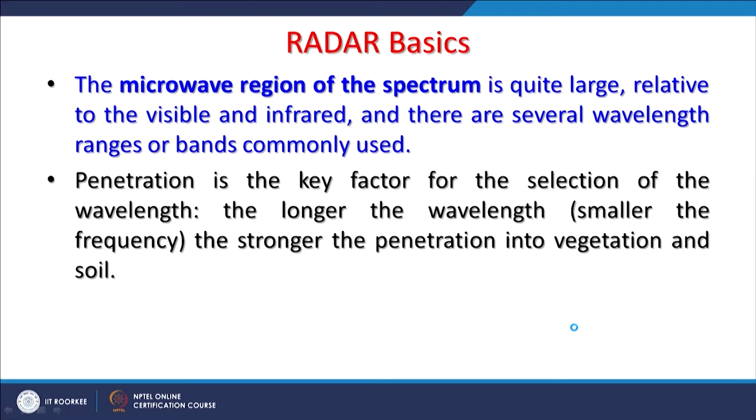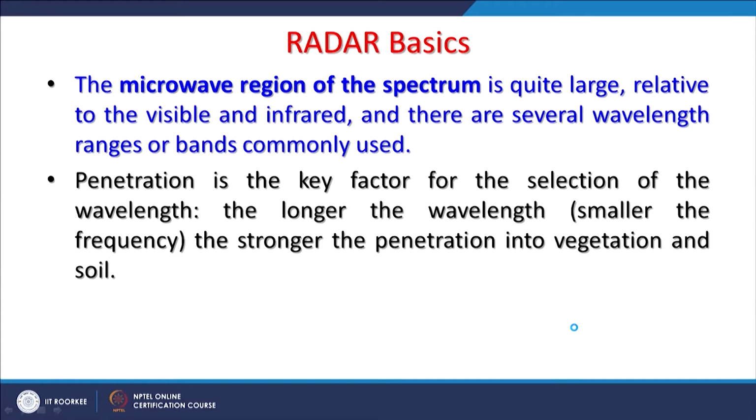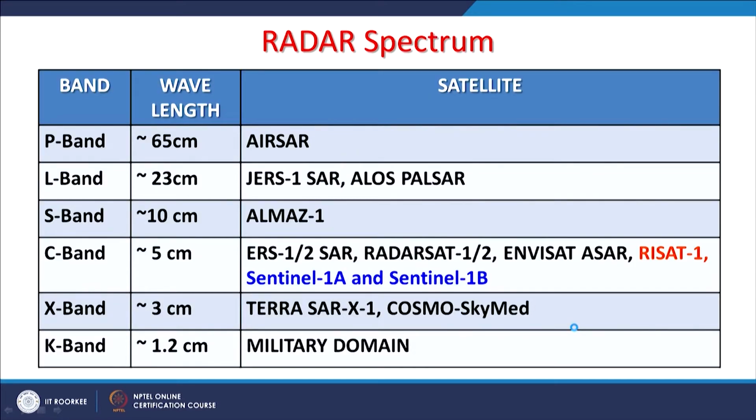Penetration of these radar waves is the key factor for the selection of wavelength or band, and the divisions of bands are a little different in the microwave part of the EM spectrum. The longer the wavelength and the smaller the frequency, the deeper the penetration into vegetation and soil. One has to keep that in mind depending on the purpose for which this kind of remote sensing is being employed.